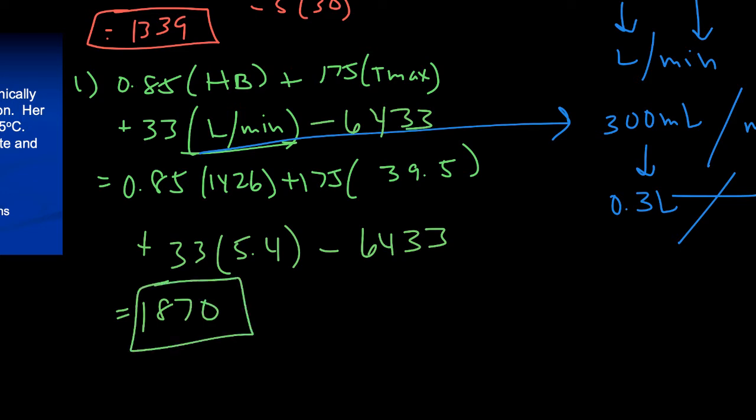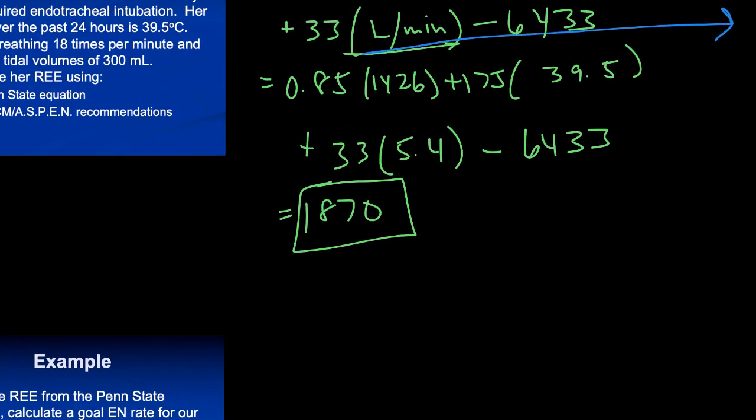Now, using the SCCM Aspen recommendation equation, you get, let's see. So first we need to calculate her BMI. You know the units of BMI are kilograms per meter squared.